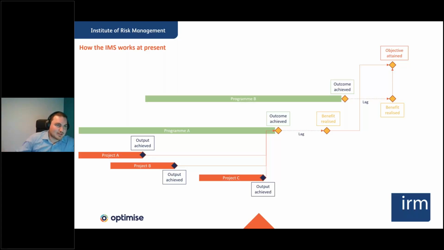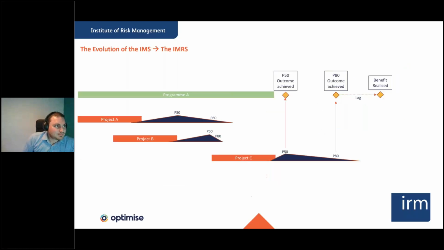There'll be a lag applied, and that's the forecast to the business on when that benefit's going to be realized. At program space, you'll get multiple benefits being realized, and they'll compound up to a point where we can say, right, that's when we think we're going to achieve an objective. But again, there's no confidence around that. There's no clear model data that's underpinning that above things that are done down in project space.